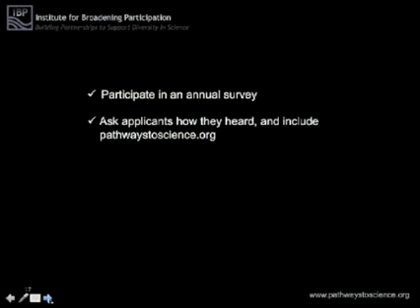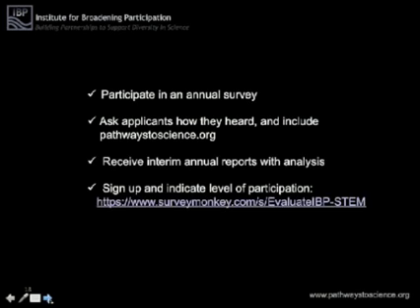Another way is by allowing IBP to ask your applicants not only about what may have contributed to their decision to apply to your program in particular, but more broadly about their process of searching for programs and their motivations for applying. So this kind of information can help not only our outreach, but also your and our recruitment efforts. So these are all helpful ways of participating, and the more you can do, the better.